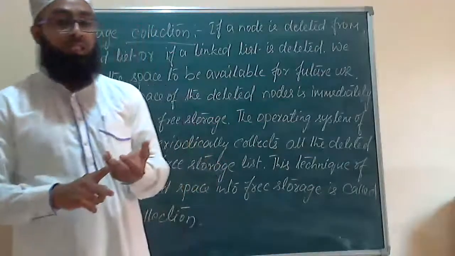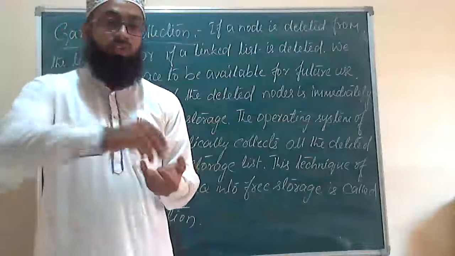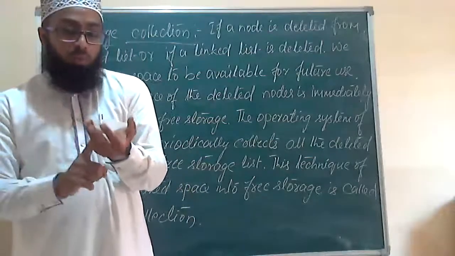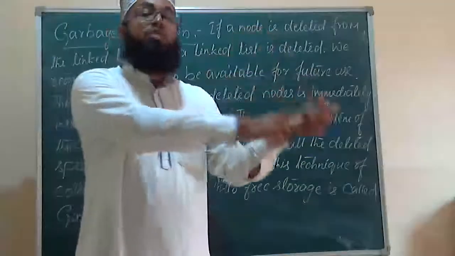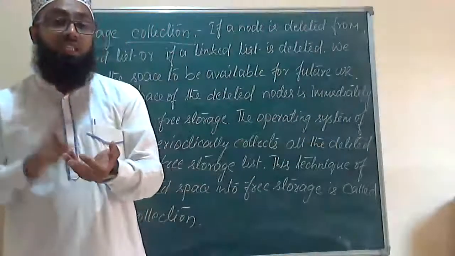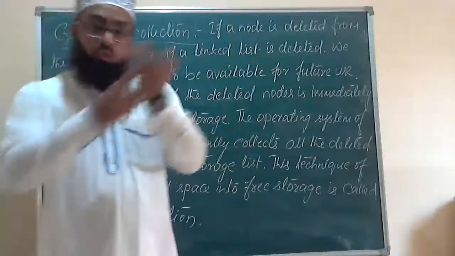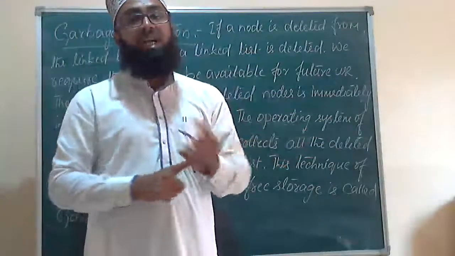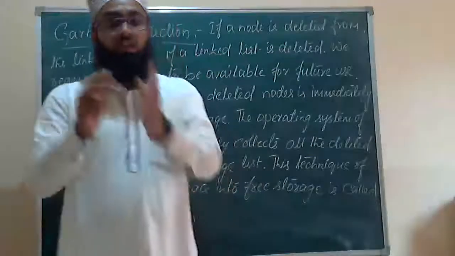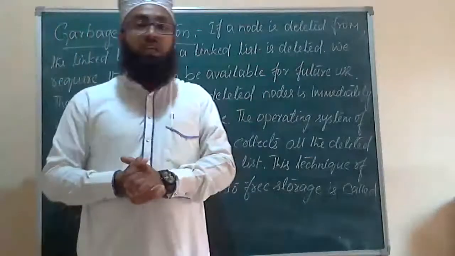The computer operating system, often and often, whenever nodes are deleted from memory, will collect that memory space into its free storage. And this process of collecting the deleted space into the free storage is called garbage collection.